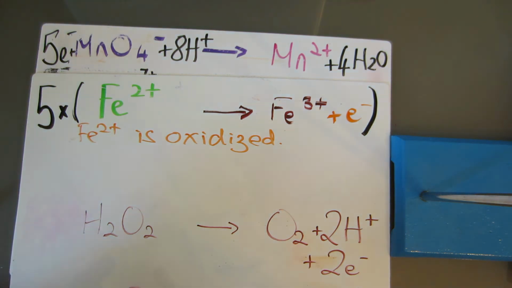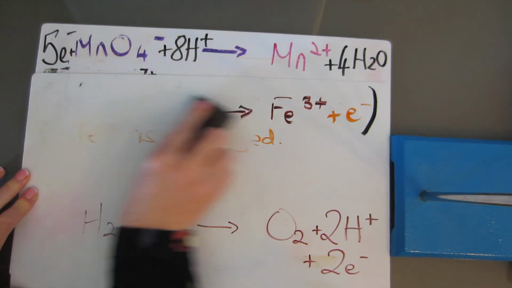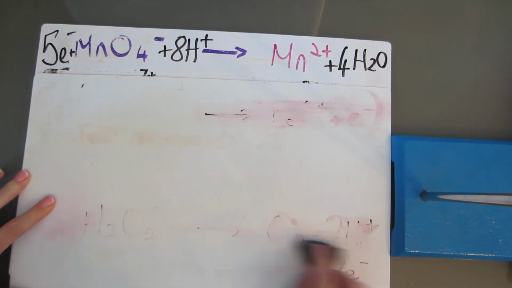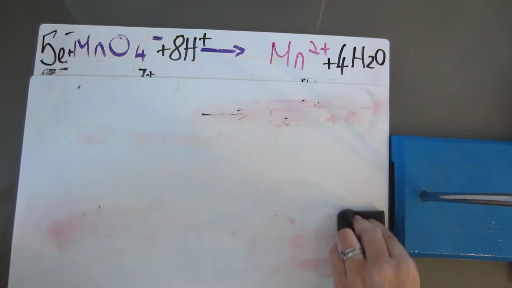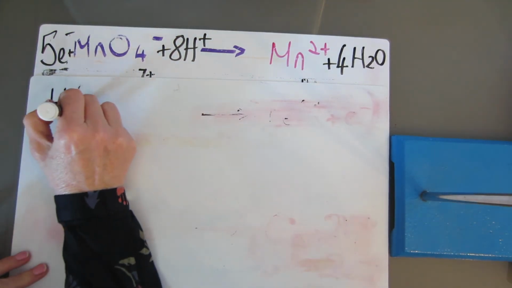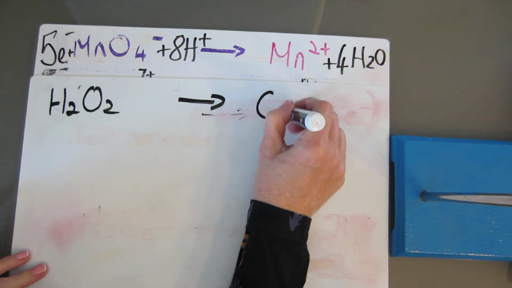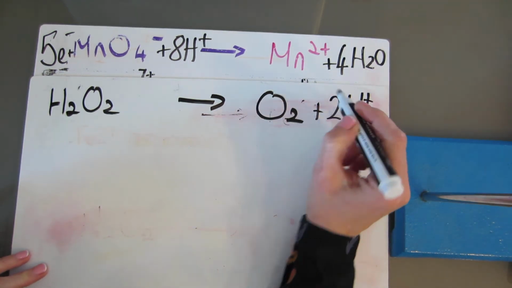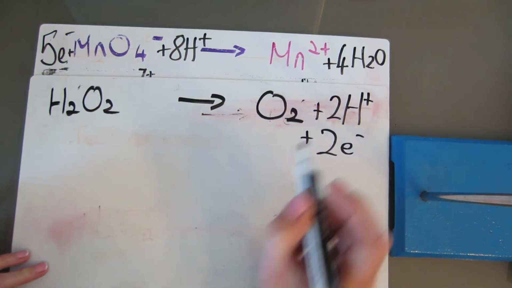So MnO4 minus can react now with hydrogen peroxide, giving you oxygen, hydrogen ions and 2 electrons. Let me write it up a bit better here. So what did we have? H2O2 becoming oxygen, need to balance with the hydrogen ions and the 2 electrons.